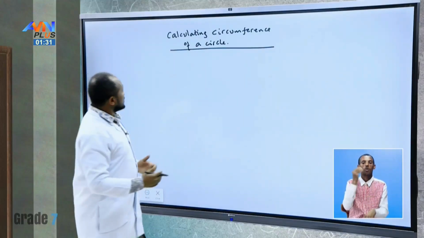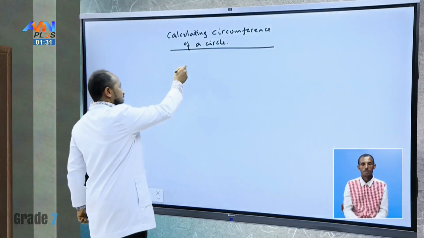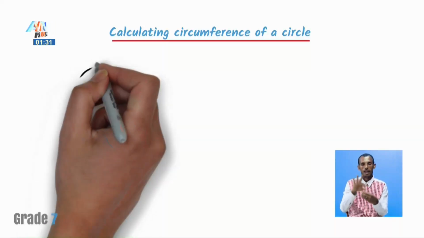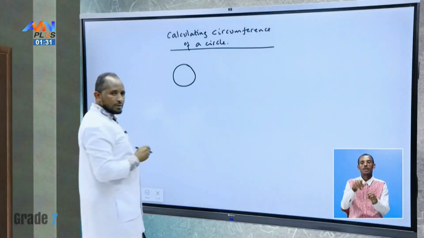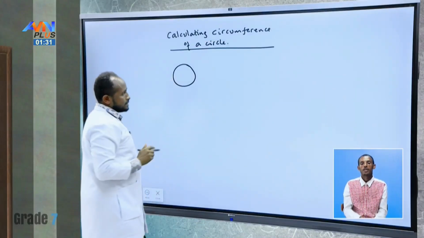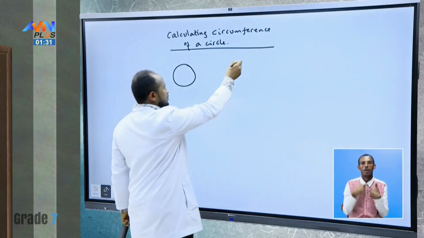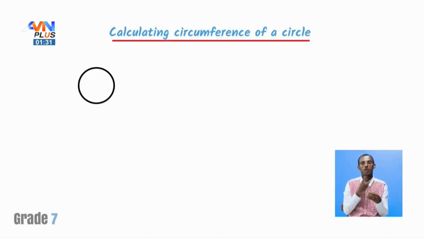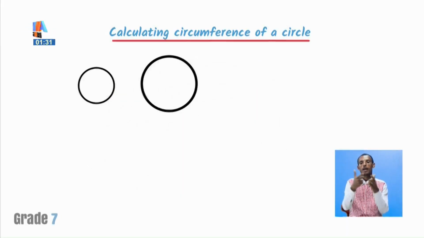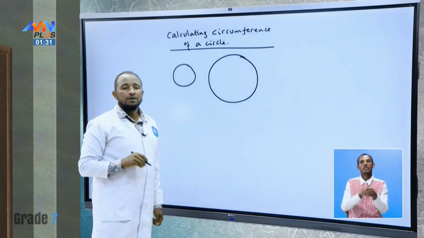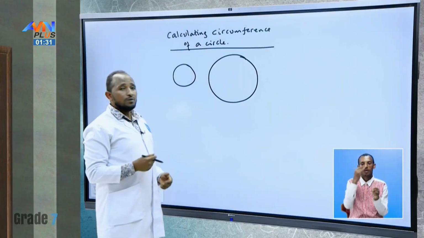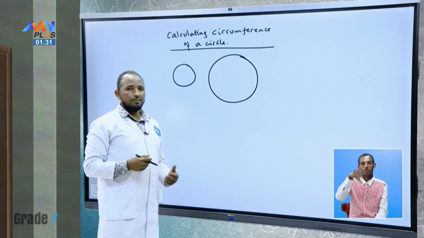Suppose take a circle made of a string or a rope. Here you have one circle, and you can make another bigger circle using another string. So if you do this, you'll get some number.